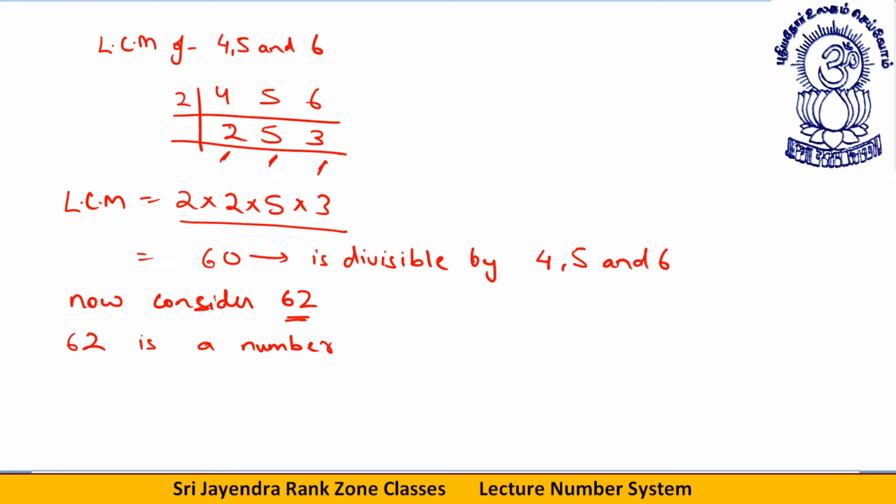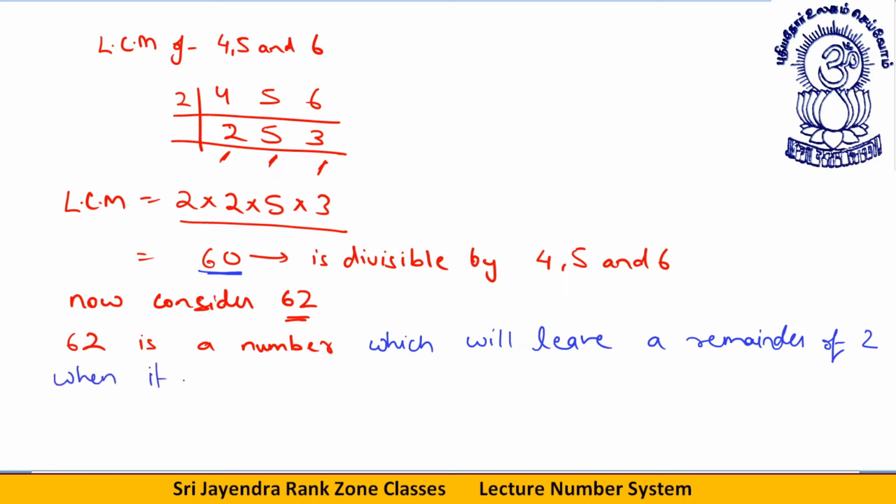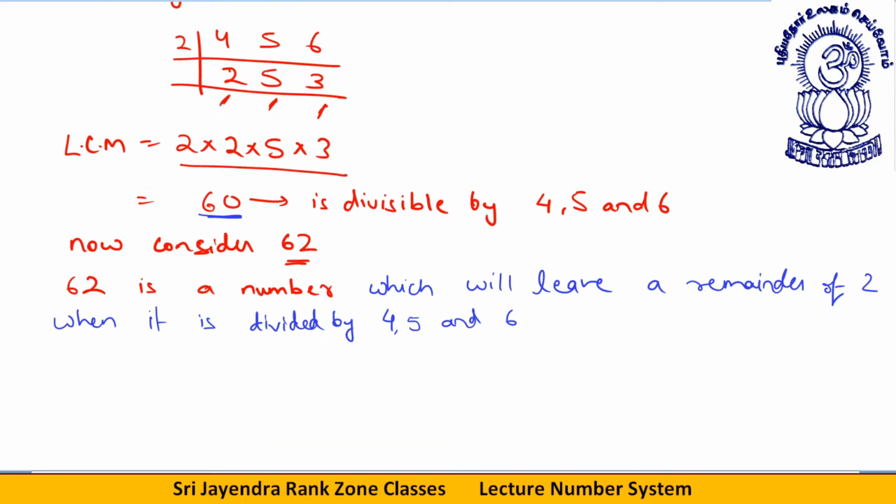Since 60 is divisible by all three, 4, 5 and 6, now 62 is a number which will leave a remainder of 2 when it is divided by 4, 5 and 6.